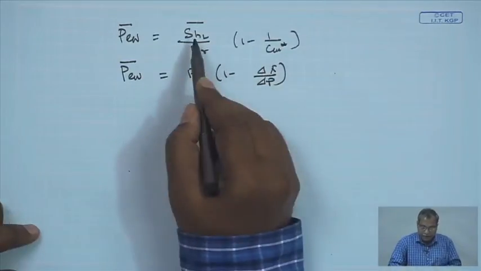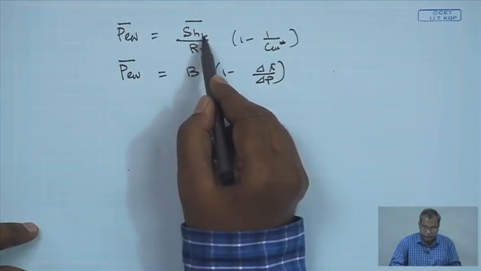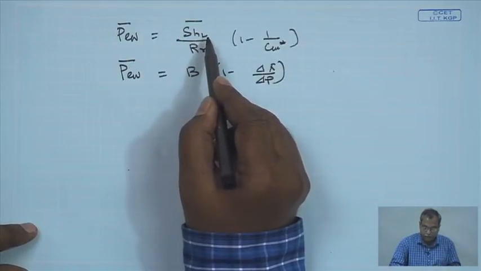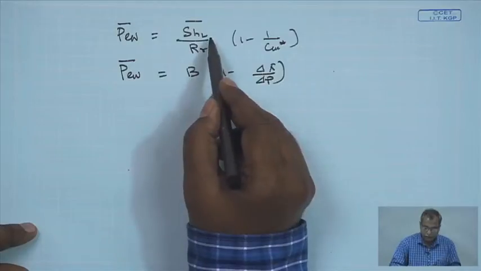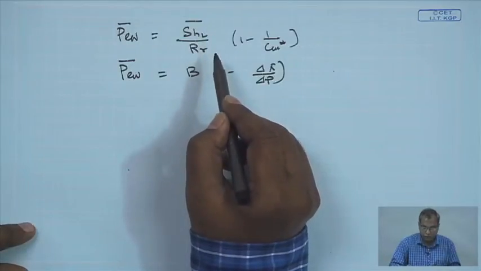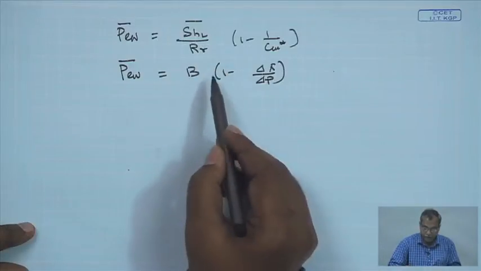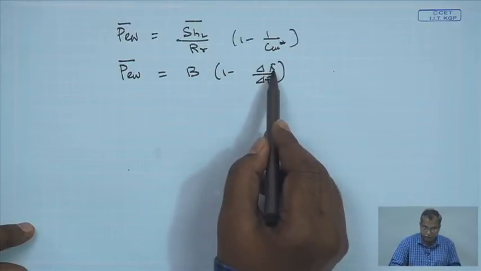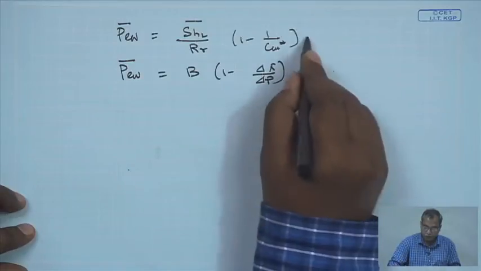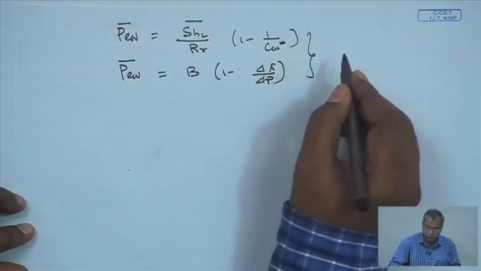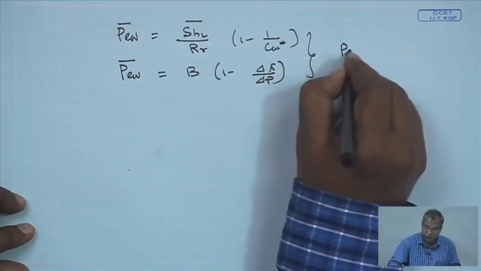Now, we have the expression of Sh_L bar, the length average Sherwood number, as a function of lambda, which will be nothing but Pw bar divided by Reynolds Schmidt d by L raised to the power 1 upon 3, and we have delta pi which will be a function of Cm star. So, essentially we will be having two equations and two unknowns. What are the unknowns?